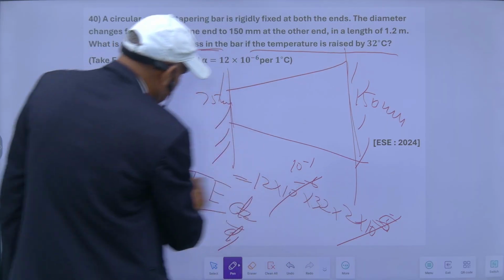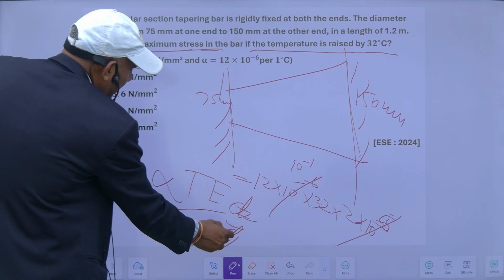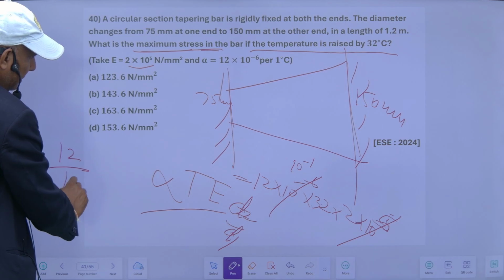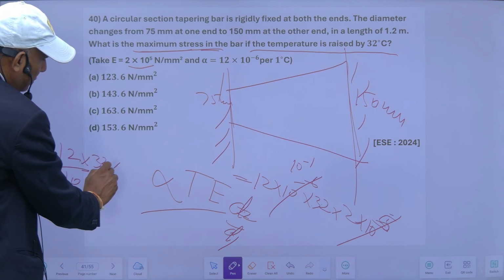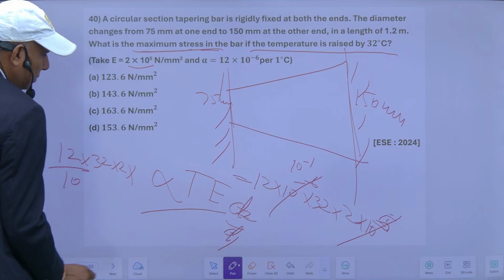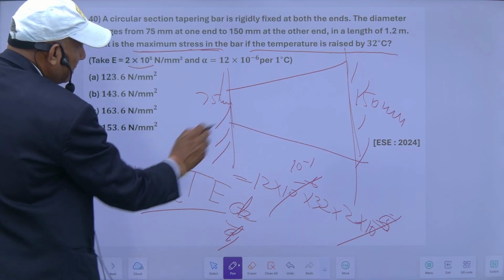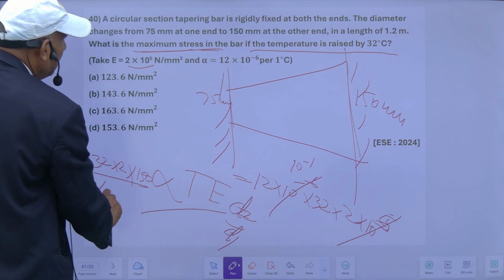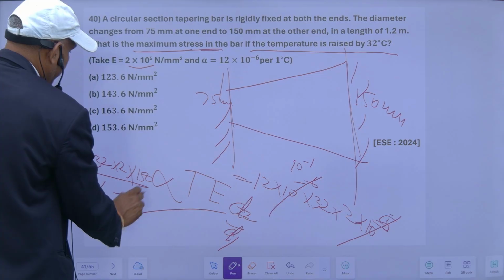So I have to multiply with D2 upon D1. So 12 upon 10 into 32 into 2 into this D2 upon D1. D2 is 150 upon D1 is 75.